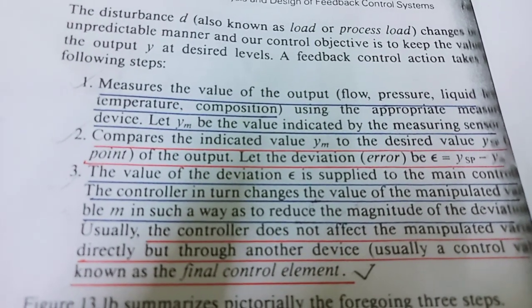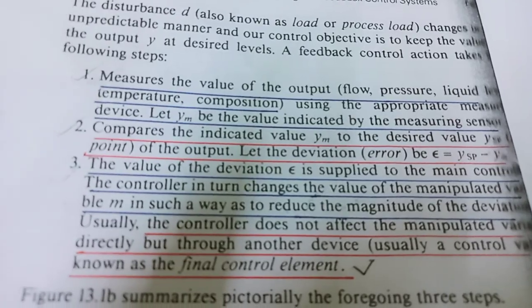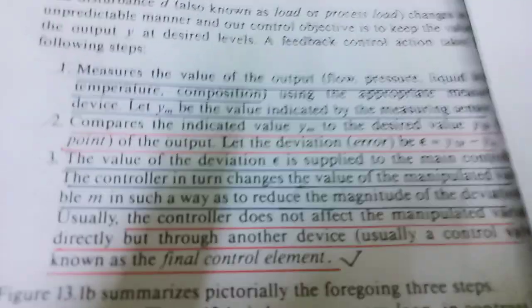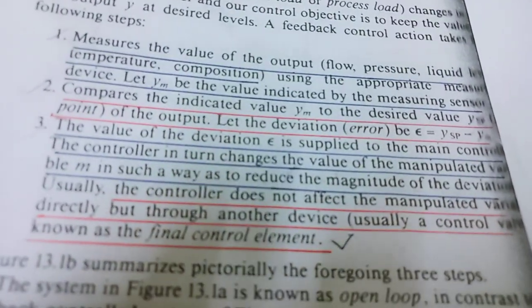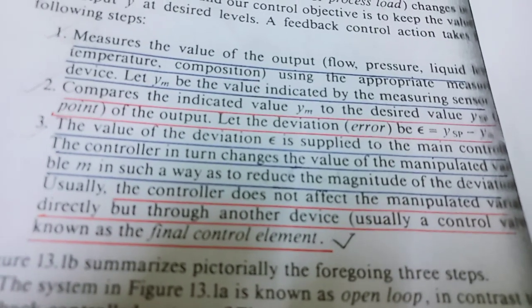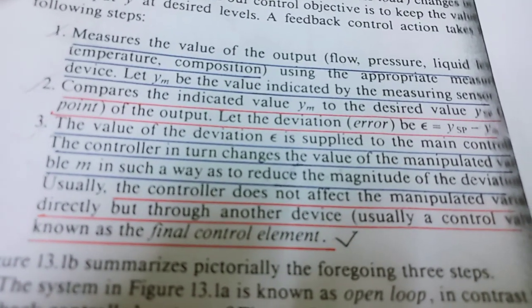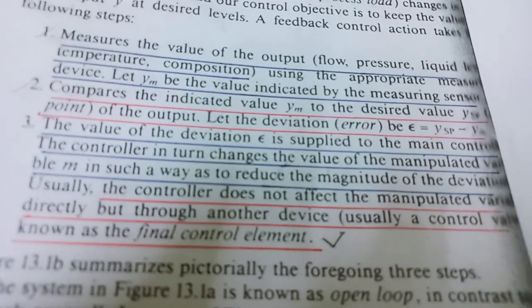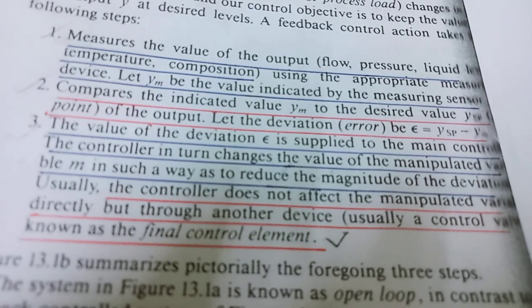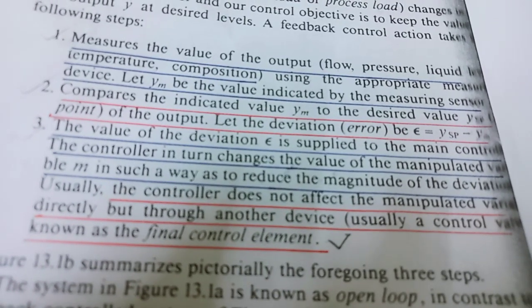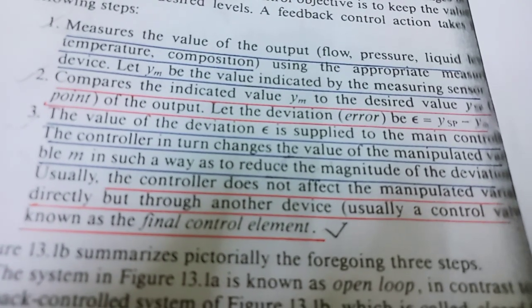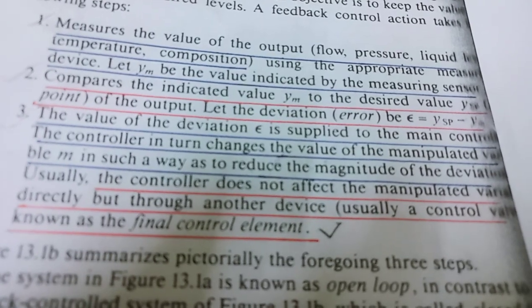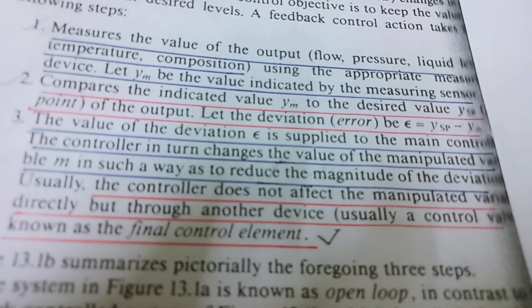A feedback control action takes the following steps. It measures the value of the output, which may be flow, pressure, liquid level, temperature or composition, using the appropriate measuring device. It may be an orifice meter, or for pressure a pressure gauge. Let Ym be the value of the indicated measured output.